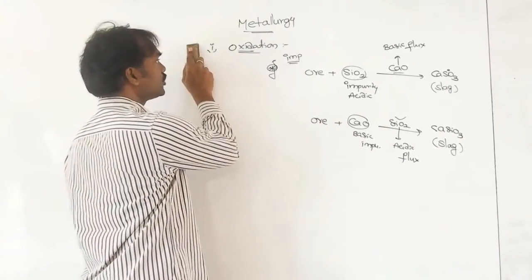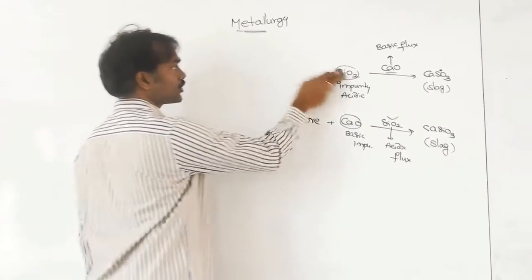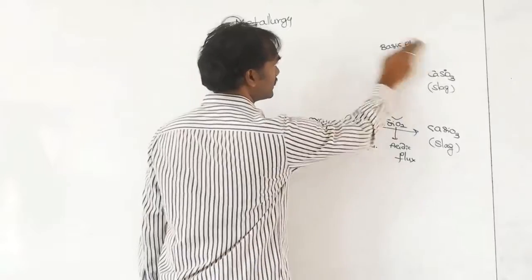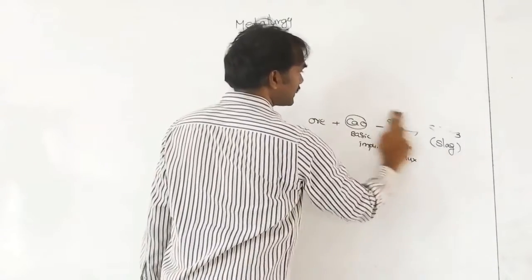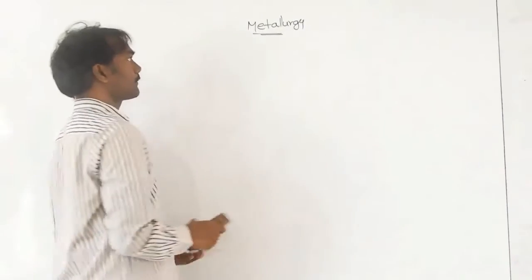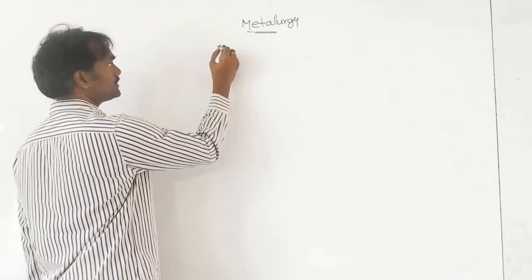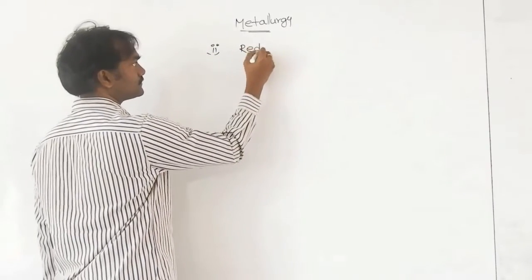So oxidation is over. In oxidation we have calcination and roasting, and both are completed. Next, the reduction process. The second process we call reduction.